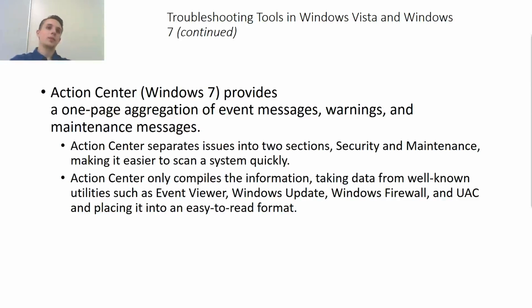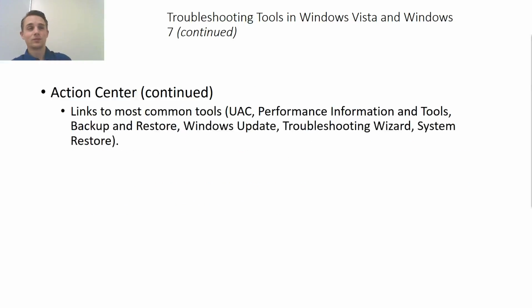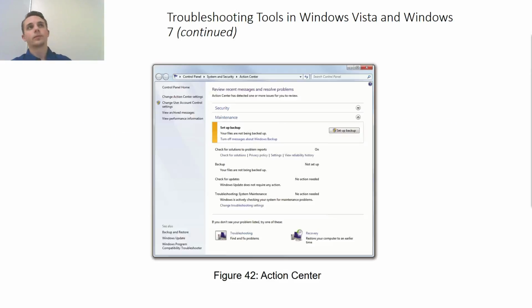For advanced people like us, we'll probably ignore it and disable any warnings it tells us because we know what we're doing. And then it has links to common things that you might need. So you'll probably end up seeing this one almost every single time, and then you can just click turn off and it'll leave you alone about that forever.